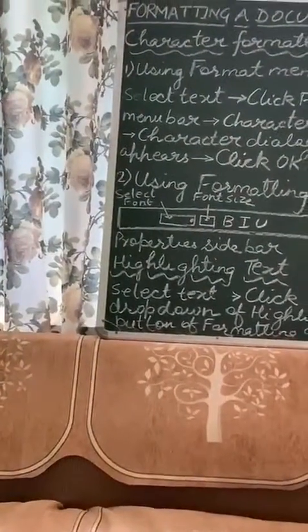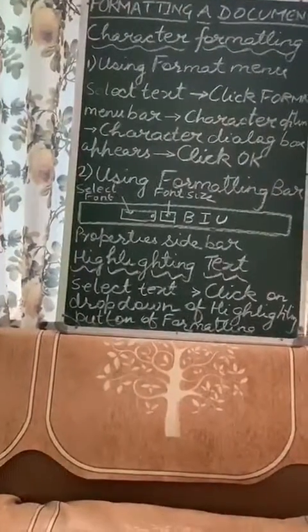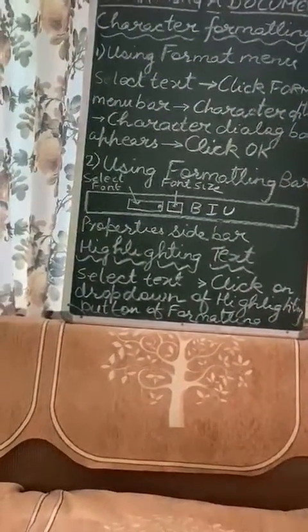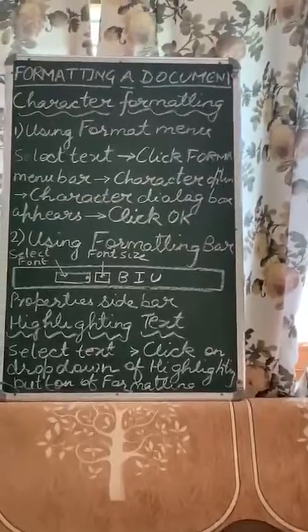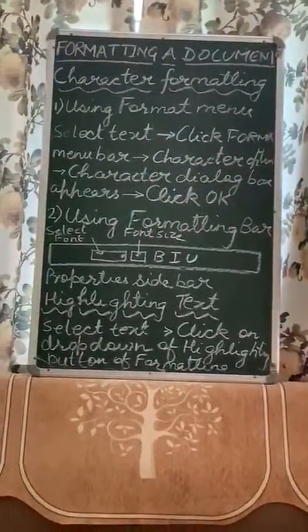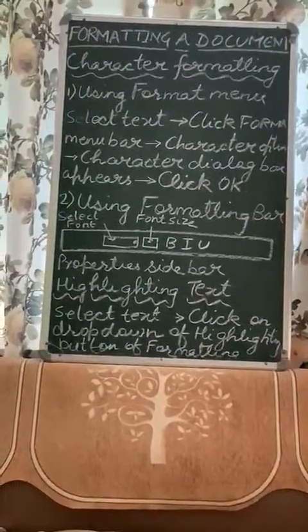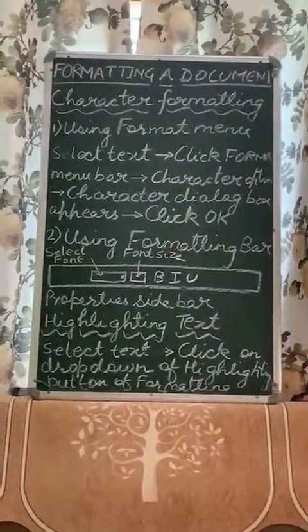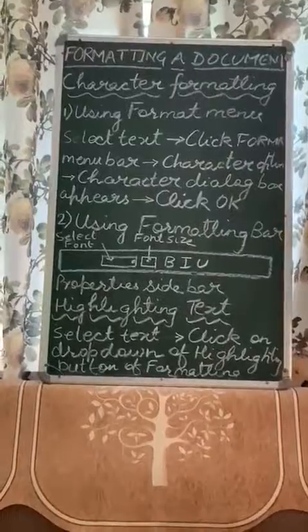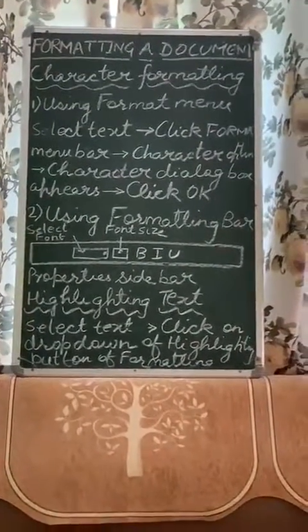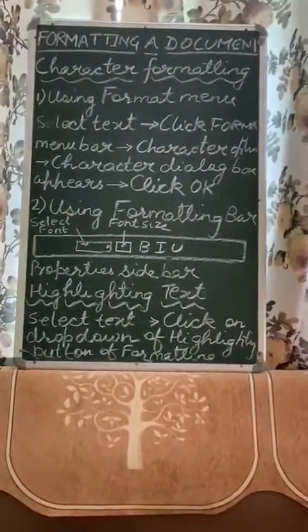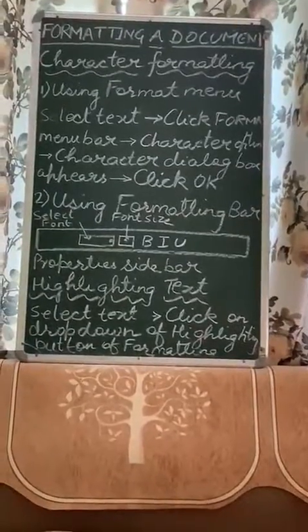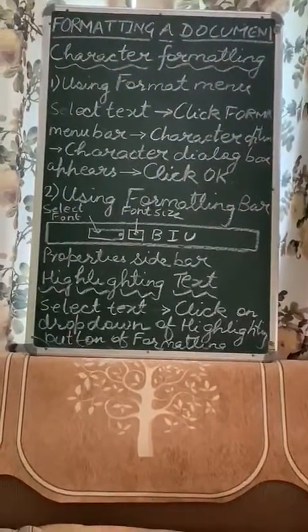All these options are also in the properties sidebar to change the font, to make your text bold, italics or underline, then highlighting the text. This sidebar can be opened and closed by your choice. So the highlighting of text can be done either using the properties sidebar or the buttons already present on the formatting bar.